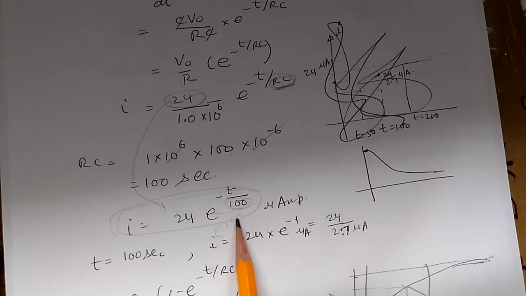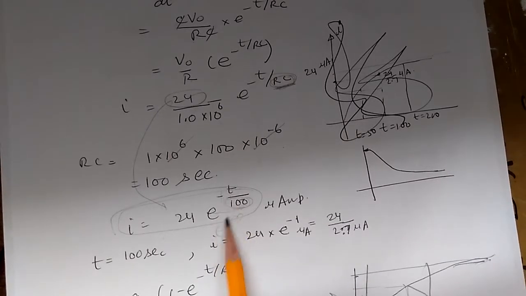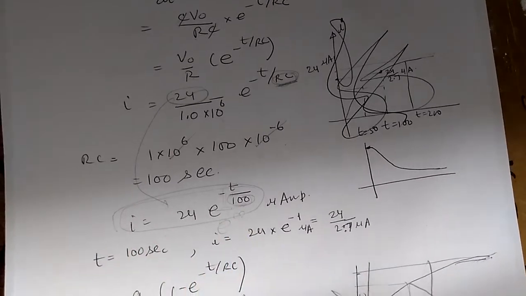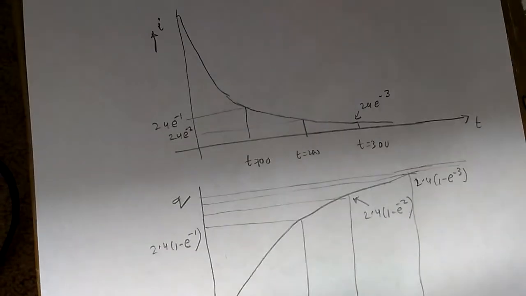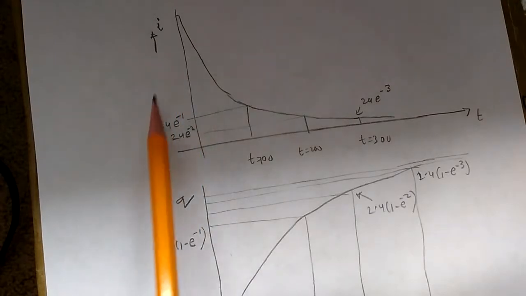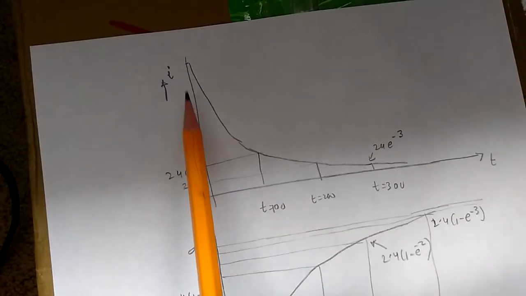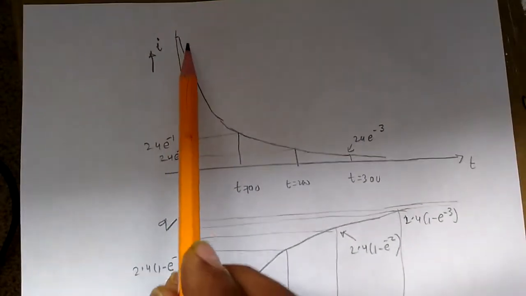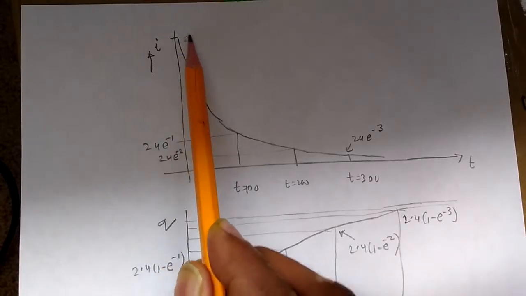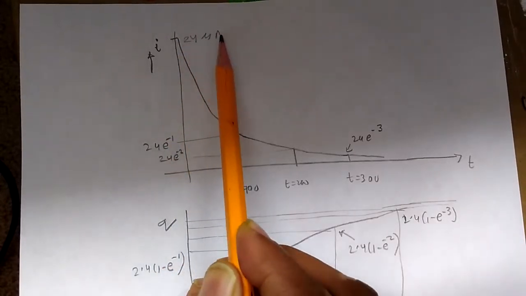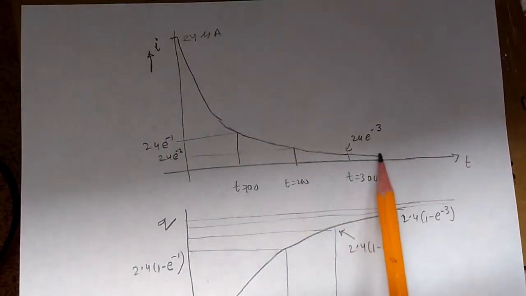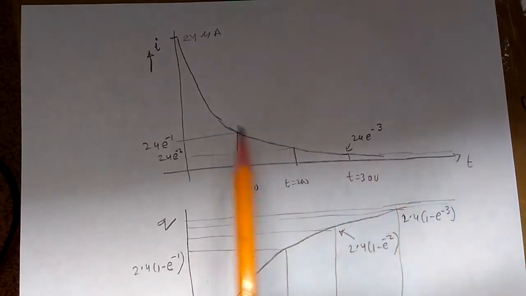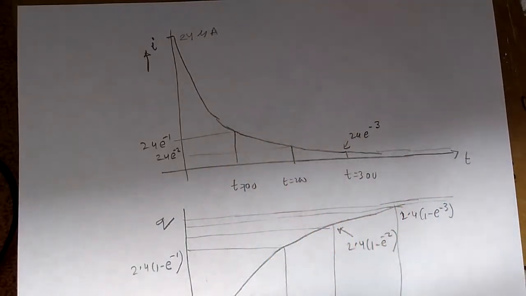E to the power infinity is infinite, and 1 upon infinite is 0. So I becomes 0. After a long period of time, the current becomes 0. And this is how the graph looks. Initially the current I has a value of 24 microampere, and as t goes to infinity, the current tends to 0.